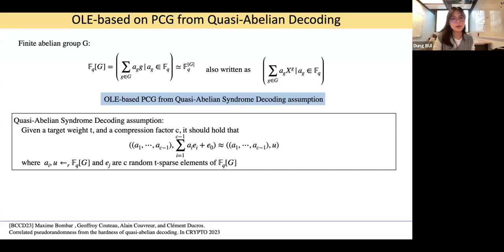In the decisional version of this hardness assumption, if you have a_1, a_2, up to a_{c-1} random elements over the finite abelian group, and secret e_0, e_1, up to e_{c-1}, which are t-sparse elements over the quasi-abelian group, then the sum of a_i times e_i for i equal 1 to c minus 1, plus e_0, is random.